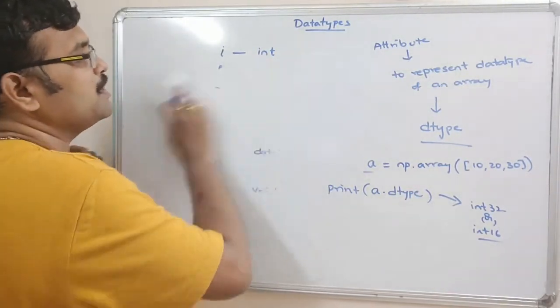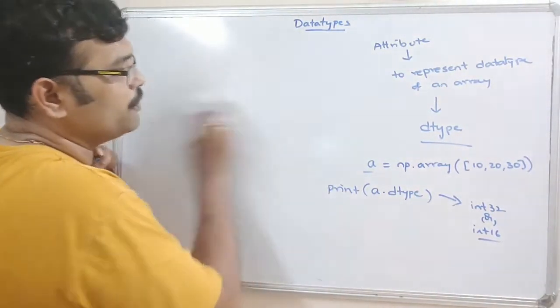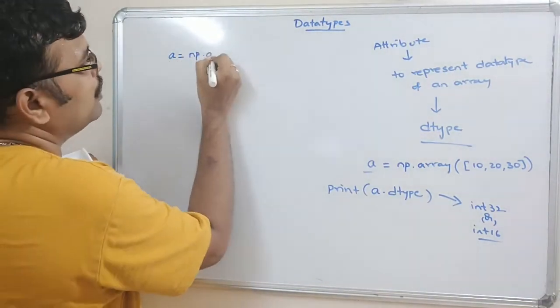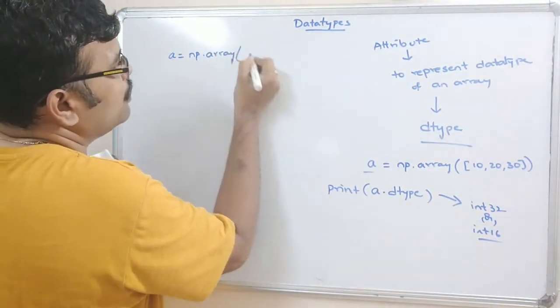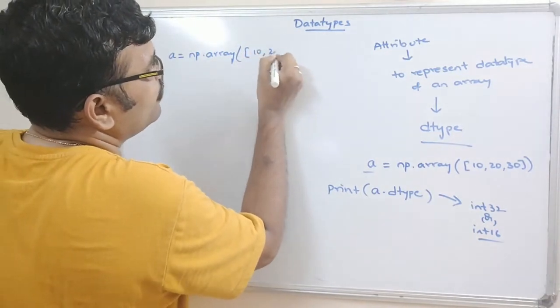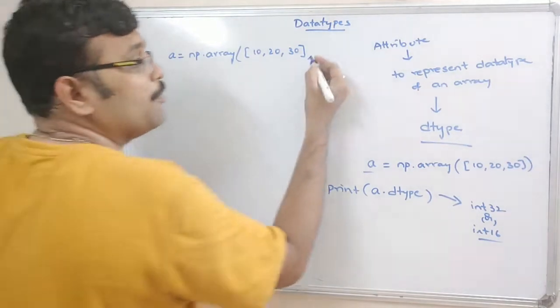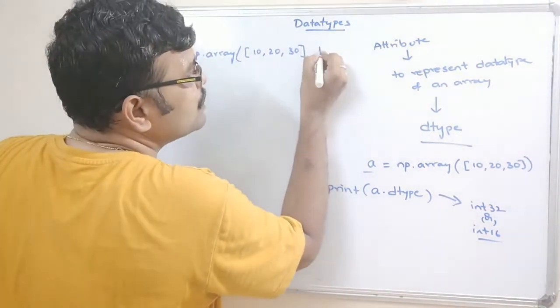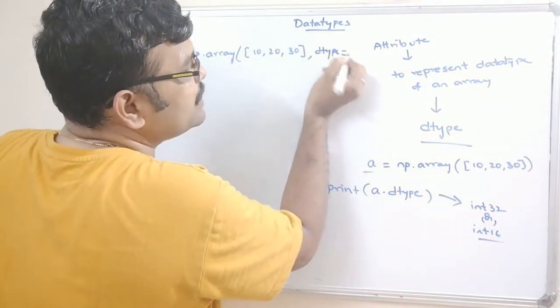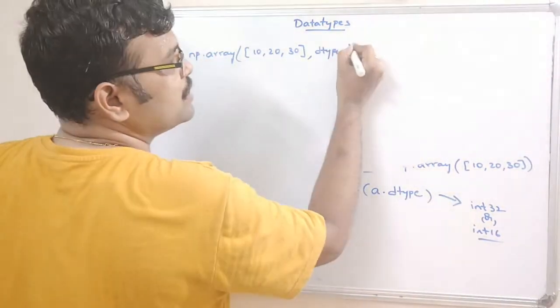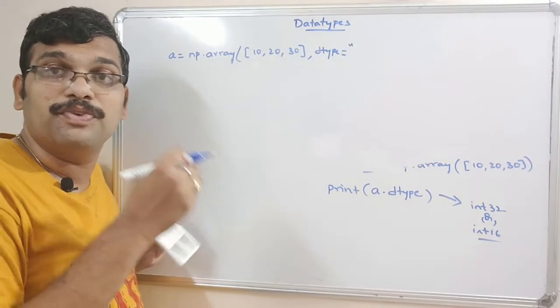See, for the same example, a is equal to np dot array of 10, 20, 30, comma, the next parameter is dtype is equal to, in inverted quotations we have to give the data type which we require.